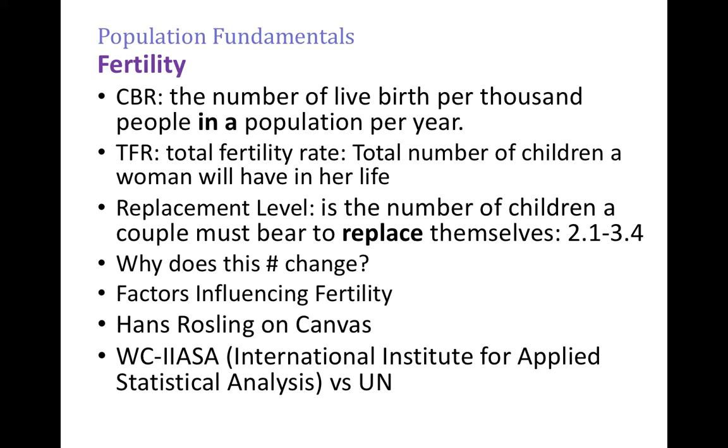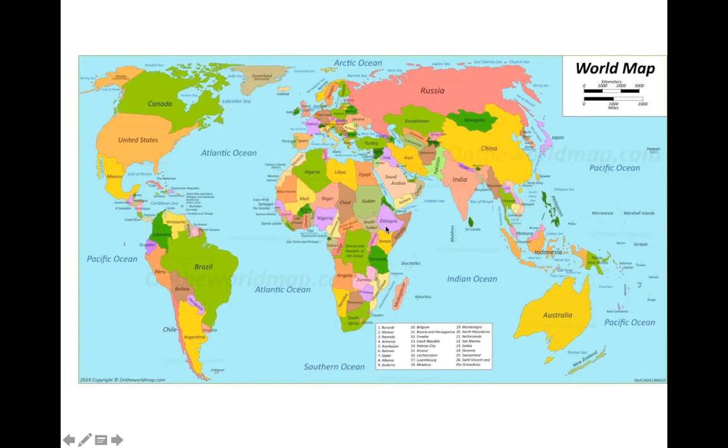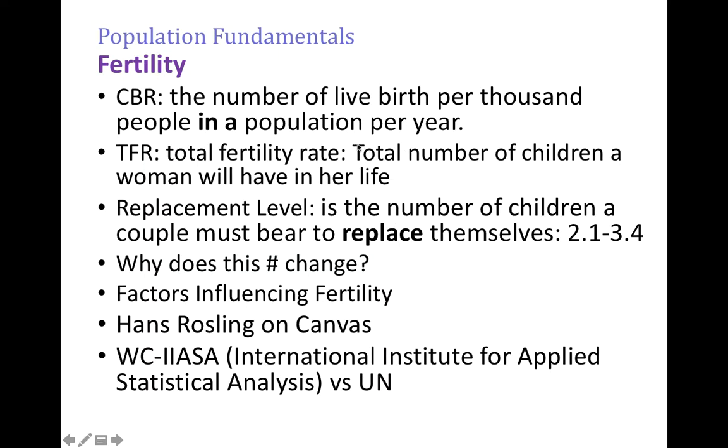If you're looking at a place like Ethiopia, where right now the average woman is having 7 children, but we're also looking at economic growth, well, the total fertility rate is going to change in a place like that because with that projected economic growth, that number of children is expected to go down. So while we might be seeing 7 children right now, in 10 years, so when you look at a woman who might be starting to have children in Ethiopia at 20, in 10 years, the number of children that's going to kind of be the average rate might go down with that projected economic growth.